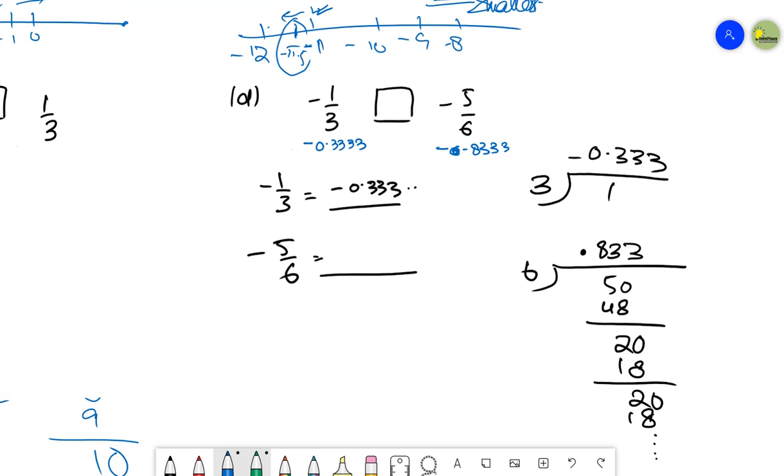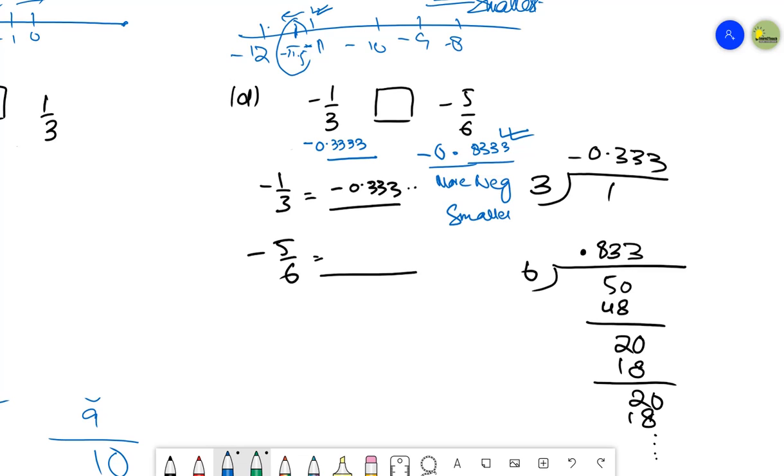Don't look at the 0, because both have 0 before the decimal point. Just look at the value after the decimal and compare both. If I have 3333 and so on, and if I have 8333, this is going to be the most negative value, more negative than the other. Why? Because this value is greater and it has a negative sign, so it is more negative. More negative means a smaller value, right?